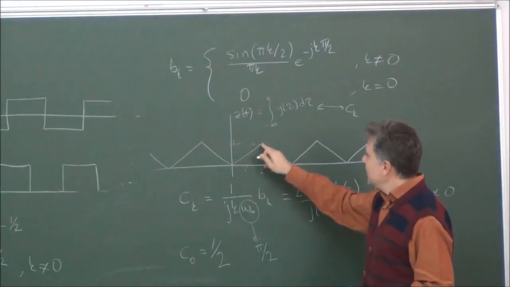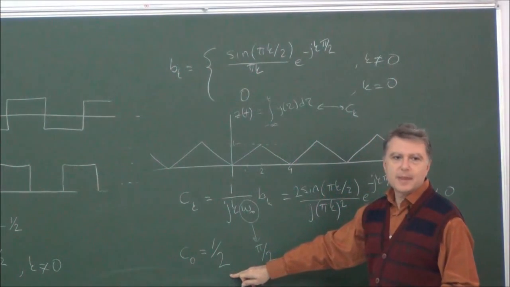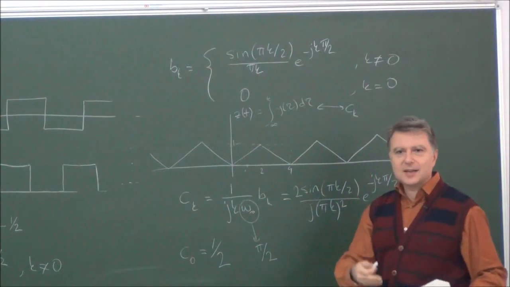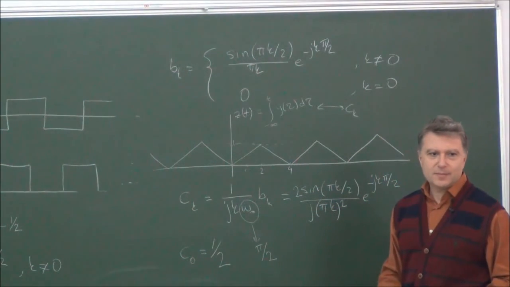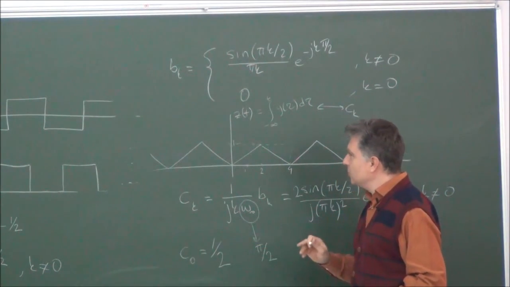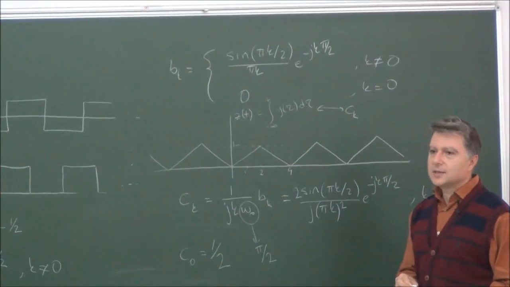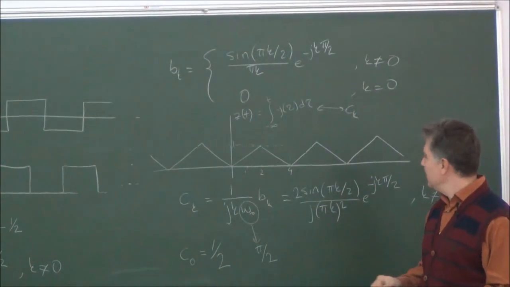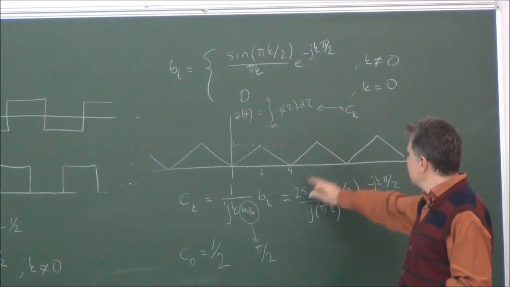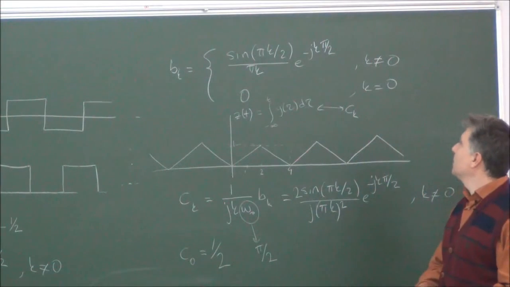Therefore, since this is only half of it, the DC value we claim to be 1 over 2 only. And if you just take the integrals, this is what you will find anyway. All right? So when you also say that C0 is equal to 1 over 2 separately, then the answer is complete and you get 10 points. So this is the answer for CK. For k different than 0, it's this expression, and C0 is equal to this.